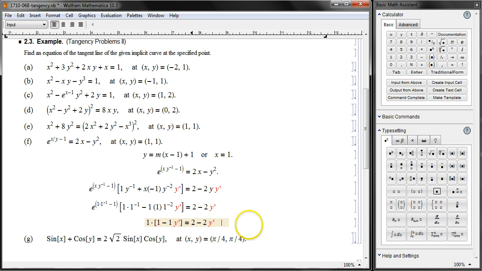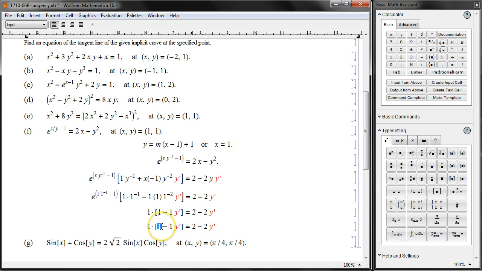And we have an equation like this. Shall I simplify just a little bit further? Without parentheses, 1 minus y prime equals 2 minus 2y prime.